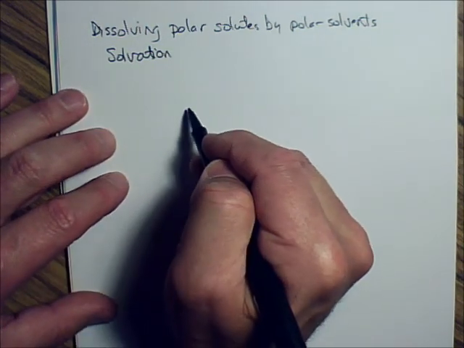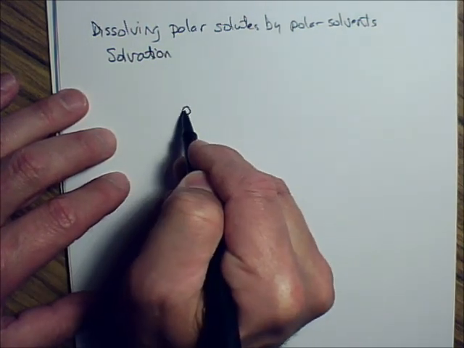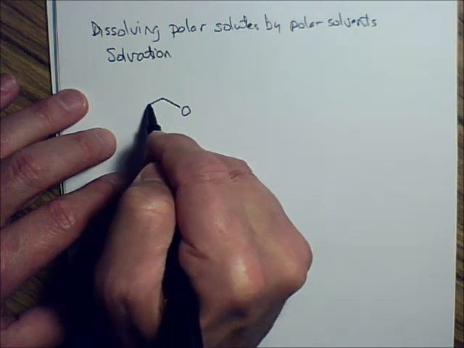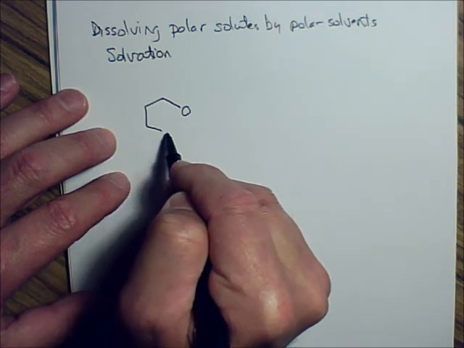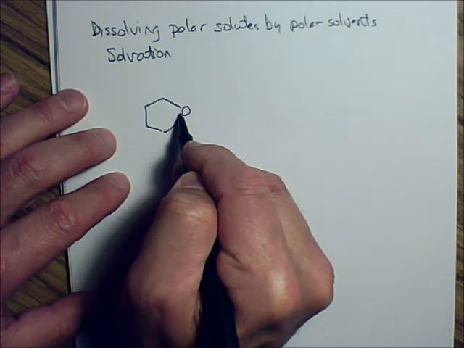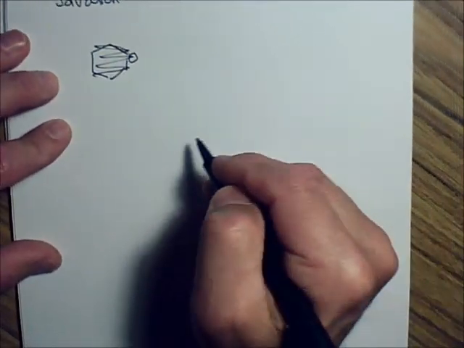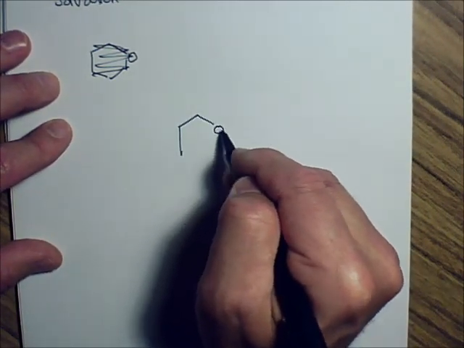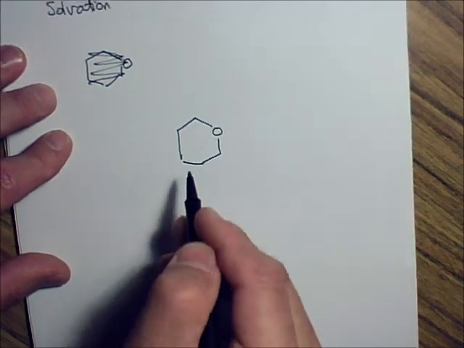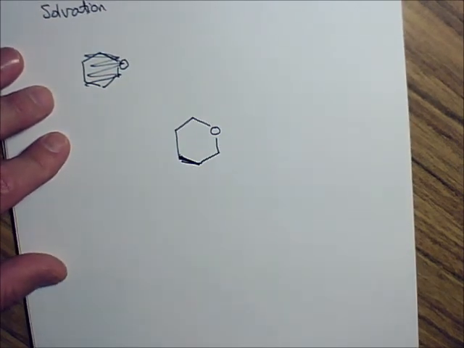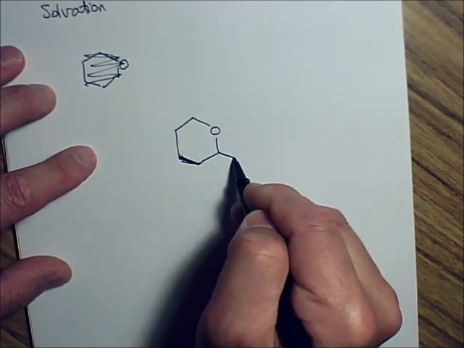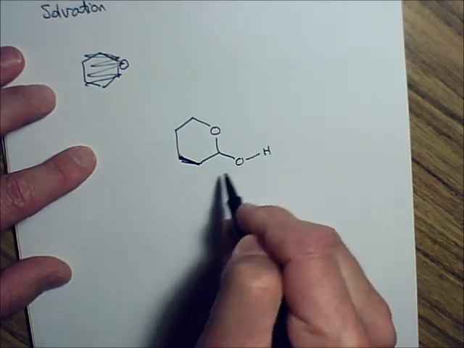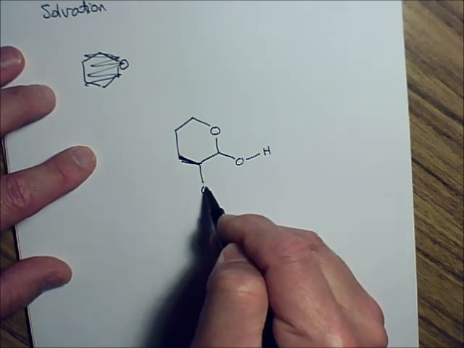Okay? So if I'm not mistaken, glucose has an oxygen in a six-sided ring. Well, I didn't quite draw that very well. Let's do it down here. Okay? It's a side there. And then there are these oxygen-hydrogen groups sticking off all over the place.